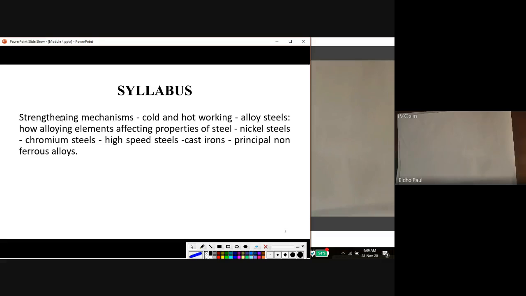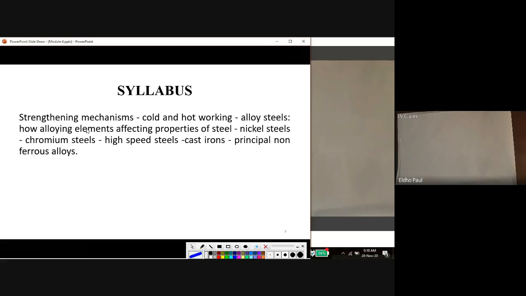But other than iron and carbon, we can add different types of impurities to improve the properties of steel. So we will study what are the different materials we use to improve the properties and how these alloying elements affect the properties of the steel.